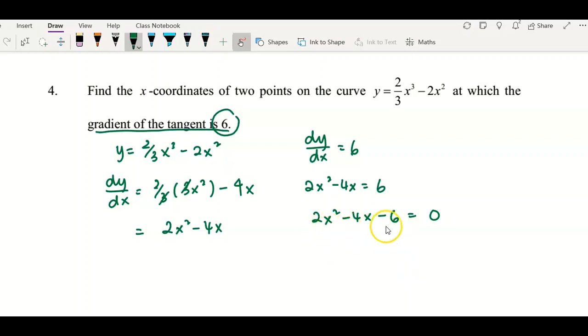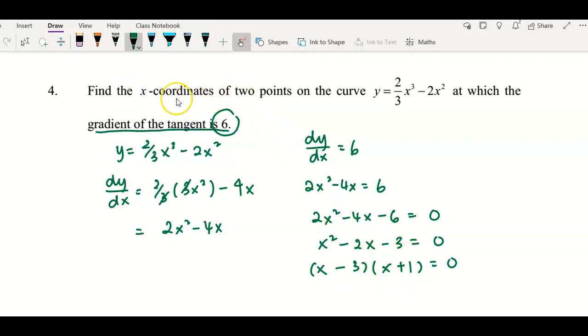And this can be divided by 2, just divide by 2. And we're going to try to factorize: x, 3, 1, negative, positive. Alright, expand: x squared, positive x minus 3x, you got negative 2x, and negative 3 multiplied by 1, you got negative 3. Yes, it's correct.